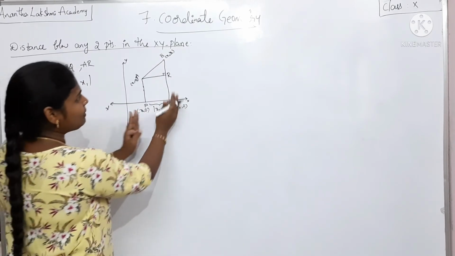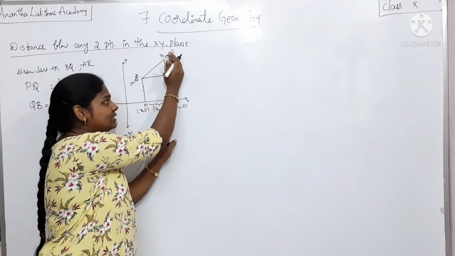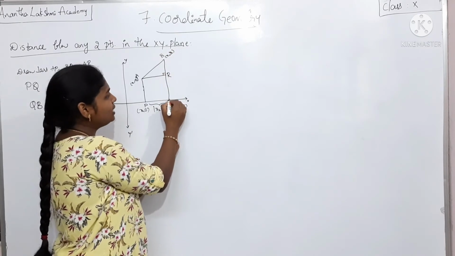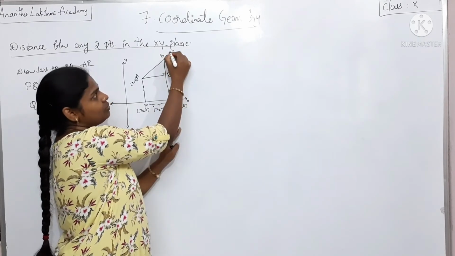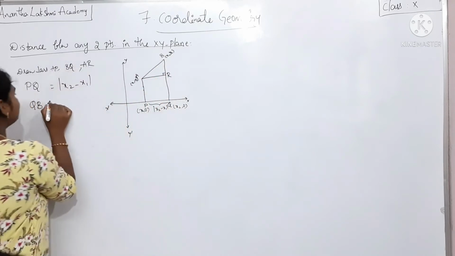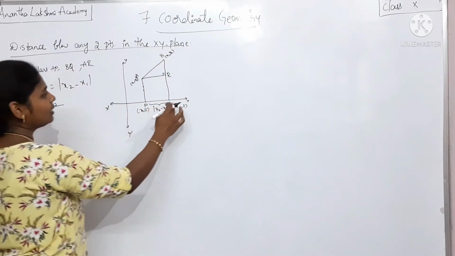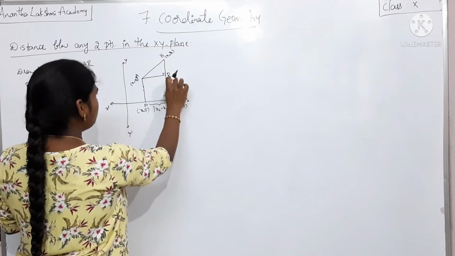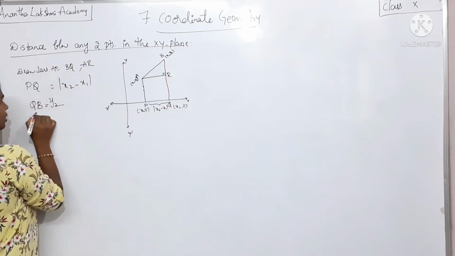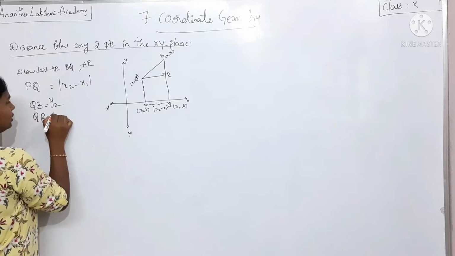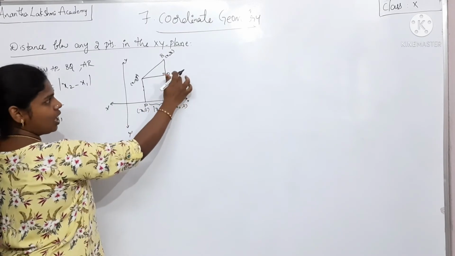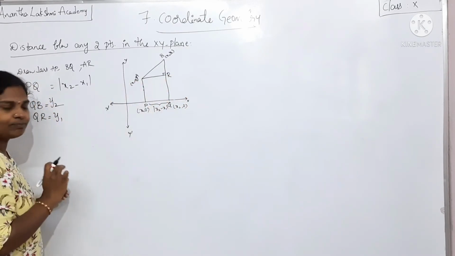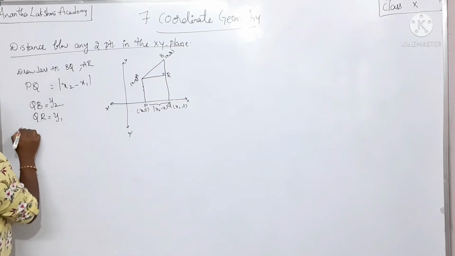As this is a line parallel to the y-axis, QB is going to be, what is the y coordinate? Y2. And QR is going to be y1. So what happens?